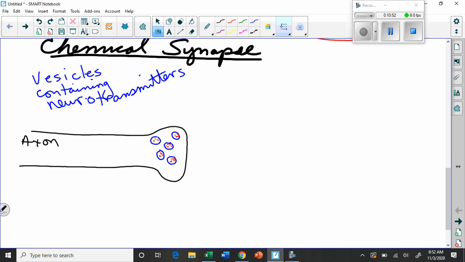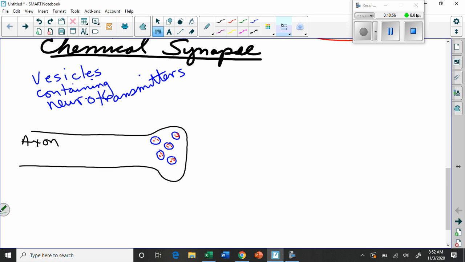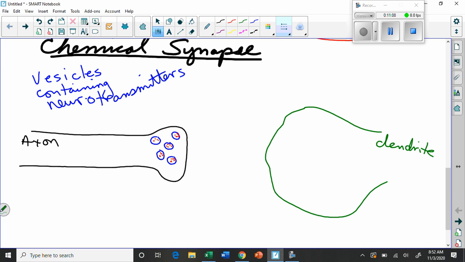Well, actually, you know what we could do first is let's draw the postsynaptic neuron, but we're going to draw it with a space. I'll exaggerate the space so you can see it. Here is the postsynaptic, the dendrite of the next neuron. The dendrite has very special receptors.